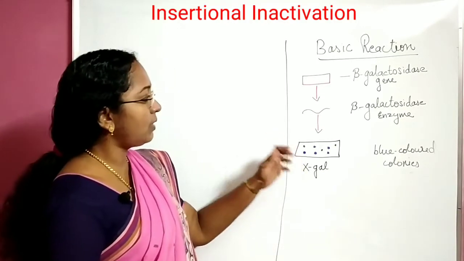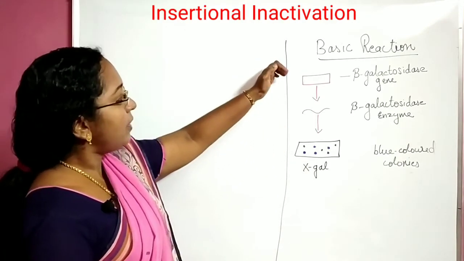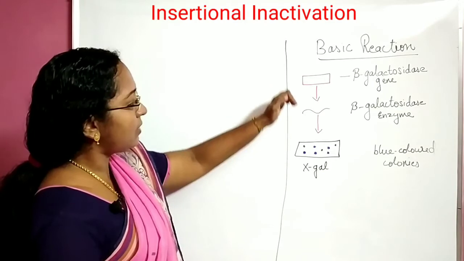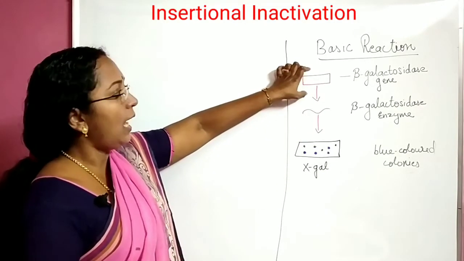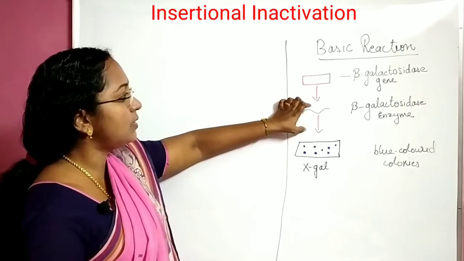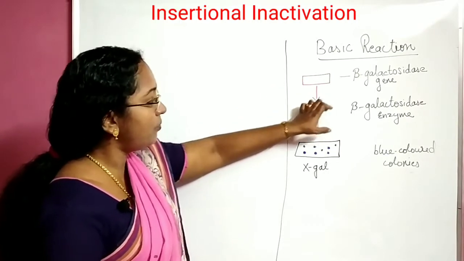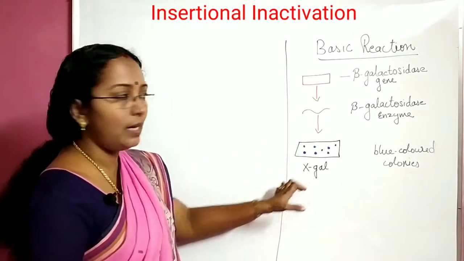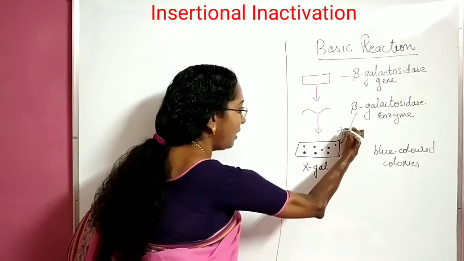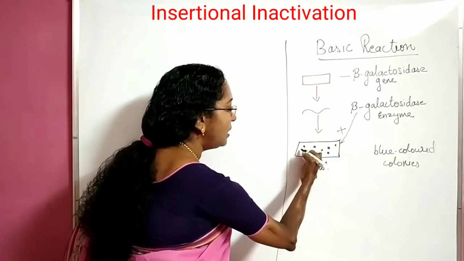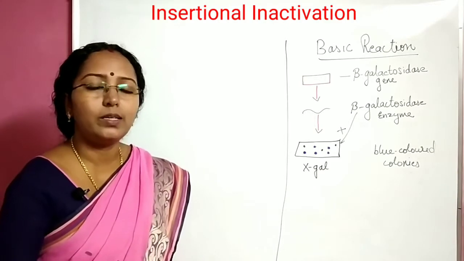Here bacterial cells are growing, but if these bacterial cells have got this particular gene, and if this gene is producing the enzyme beta galactosidase, this enzyme will react with X-gal. So this enzyme will react with X-gal and as a result it will show blue colored colonies. The bacteria will show blue colored colonies.